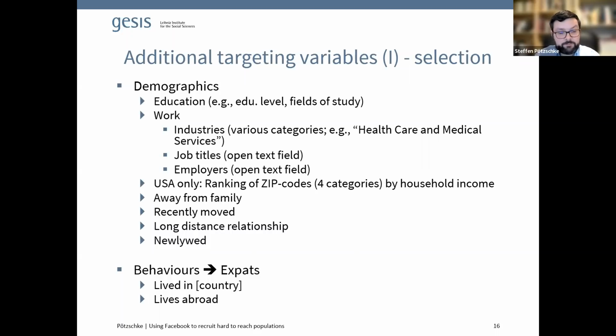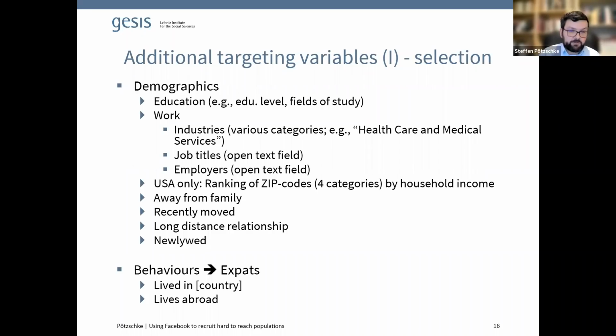So again, check this out if you have a very specific research topic in mind and see what kind of variables you have. Very often used, especially in migration research for obvious reasons, are the variables which are in the behaviors expat category. There we have one indicator which is lived in country X. So for example, lived in Germany.